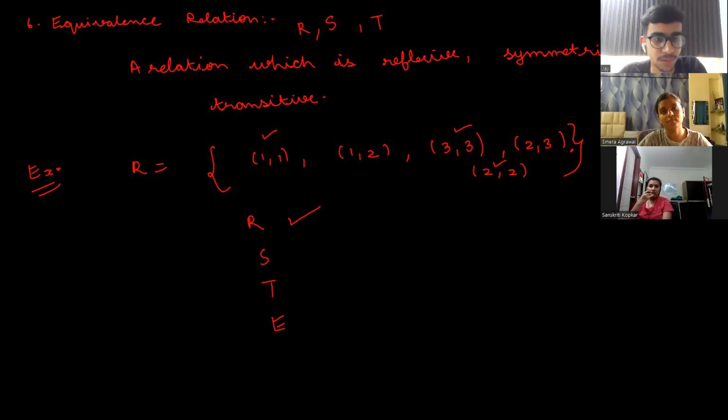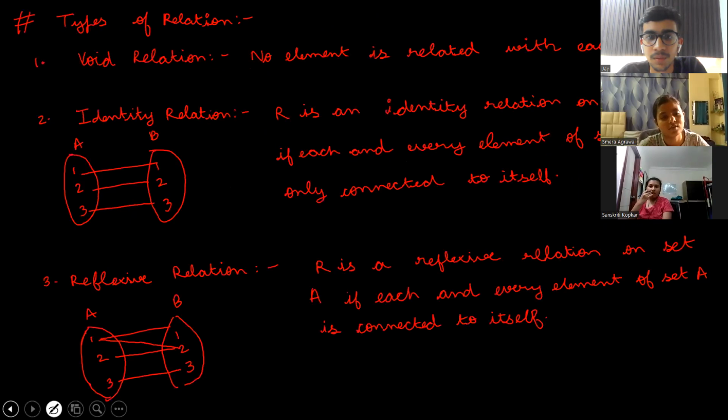No. Wait, 1 second. It's not like each and every element. It's like कि जो भी element है that has to be connected with itself. ठीक है? It is defined as a set R is reflexive if x comma x belongs to R. Wait, give me a second. Let me just confirm this.